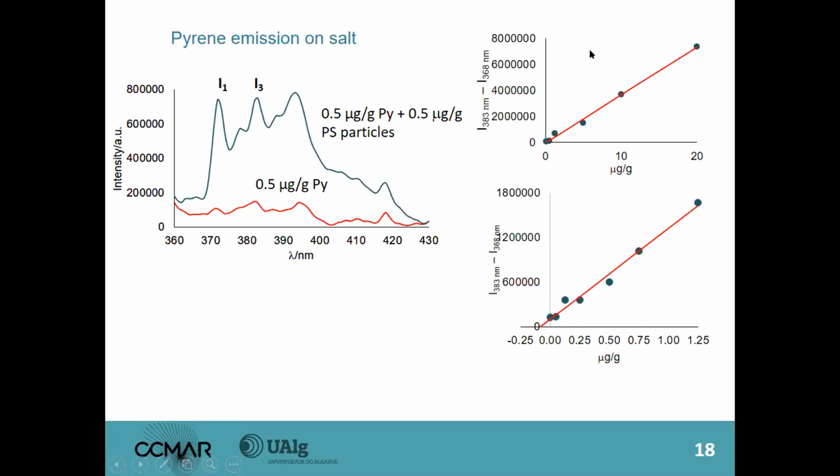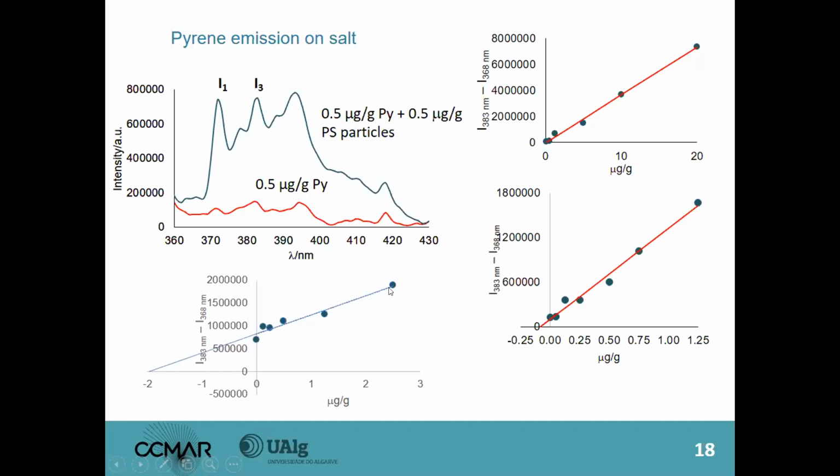What happens for natural samples of salt? For natural samples of salt, because we don't know exactly what is in the salt, to quantify microplastics, I would say it's better to say hydrophobic particles on salt, we follow an analytical method called the standard addition method. That takes into account the matrix effects on the analysis of a given compound in a given matrix.